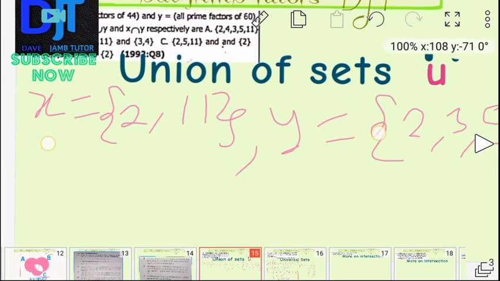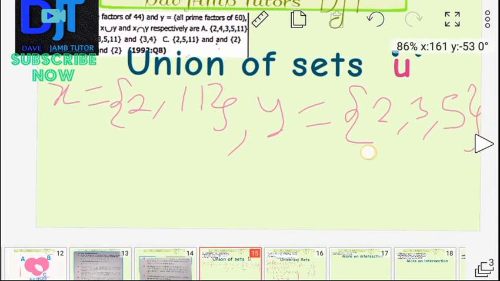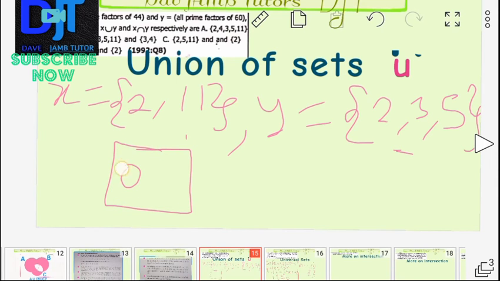Now x union y means everything here and everything here. As I explained earlier, I drew a box with 2 circles inside it and said that union means everything inside these two circles. Let me just clean that out.